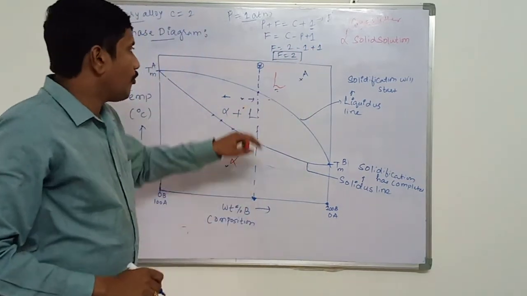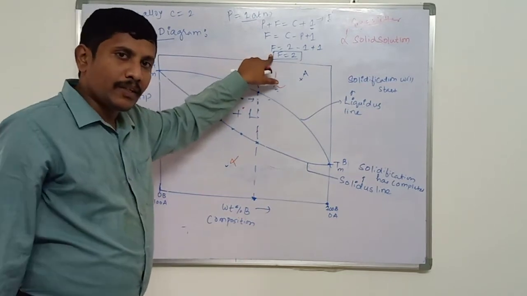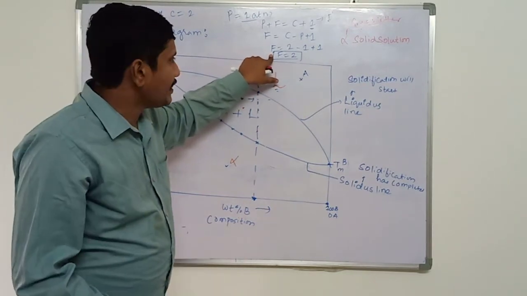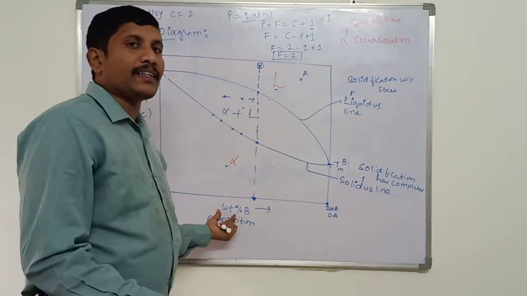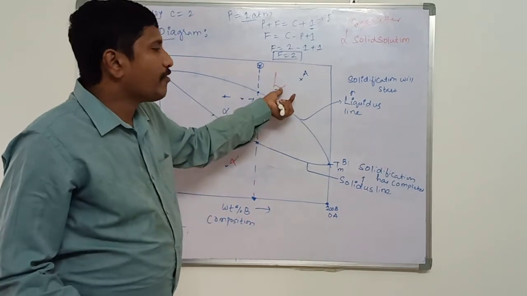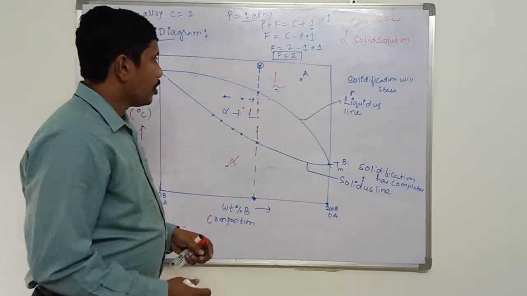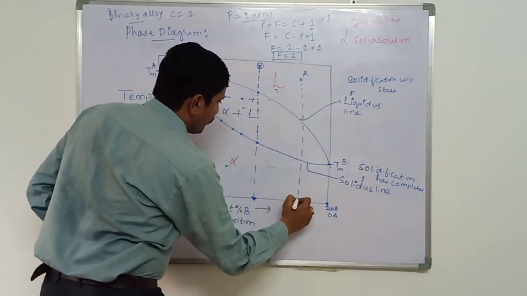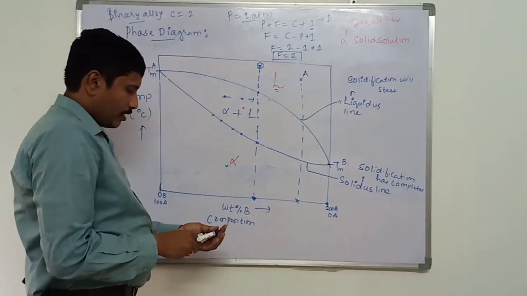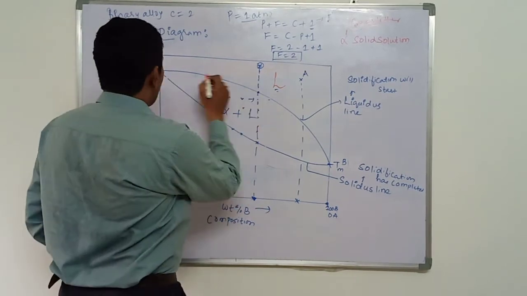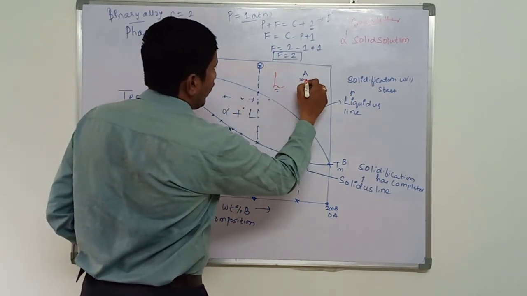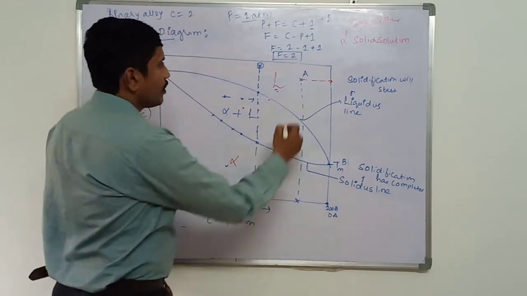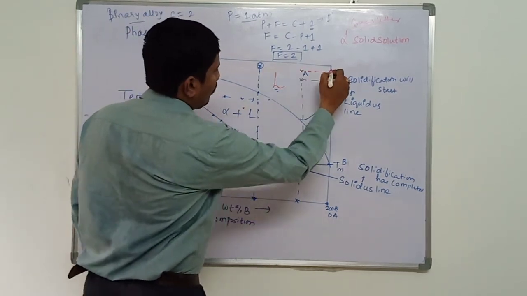Now degrees of freedom equal to 2 indicates we can vary temperature and composition independently and still the liquid phase is stable. You can see here, if you take a particular composition, at this temperature value, it is in liquid phase. At this temperature, it is in liquid phase.